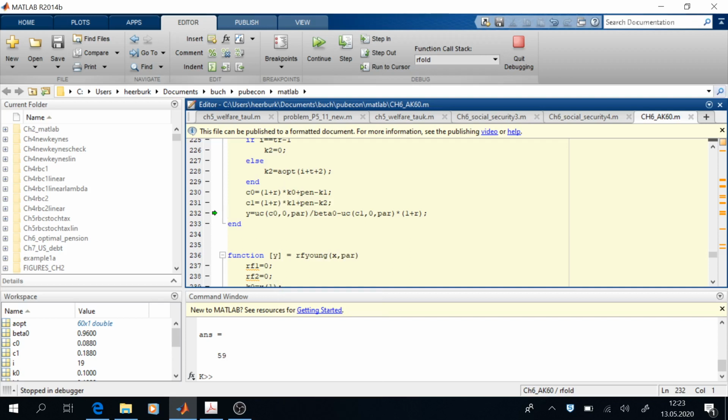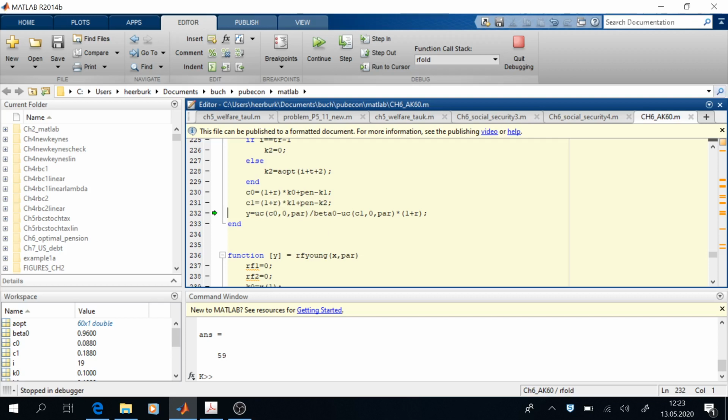So we compute consumption at age 59. This is stored in the variable C0. And consumption at age 60, this is assigned to the variable C1, the local variable. And then we substitute our values of C0 and C1 in our Euler equation here.